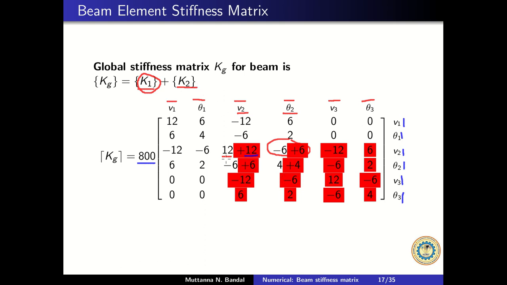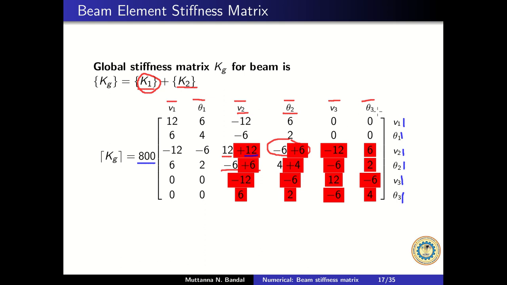Similarly, I will add the common terms V2 theta 2, theta 2 and theta 2, which is 4 and 4. So here the addition of the stiffness matrices takes place, and the rest I'll keep as it is, because there is no overlap of those things.